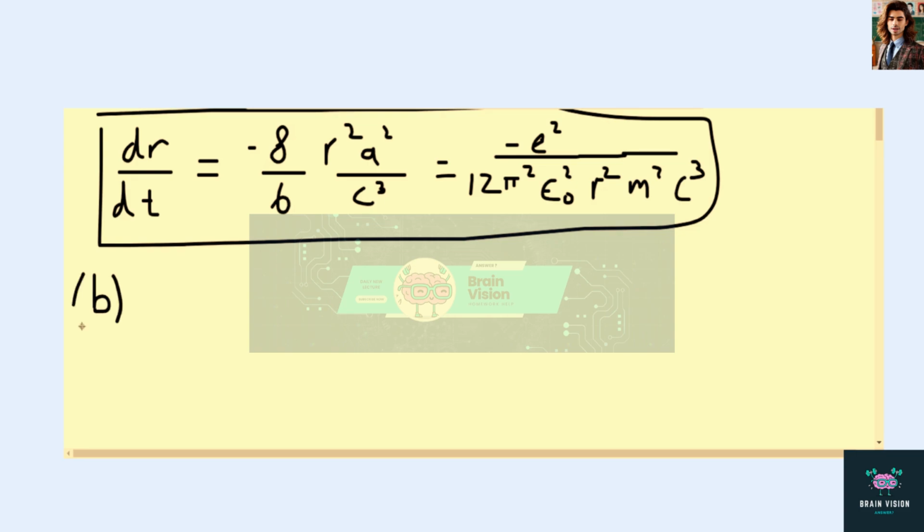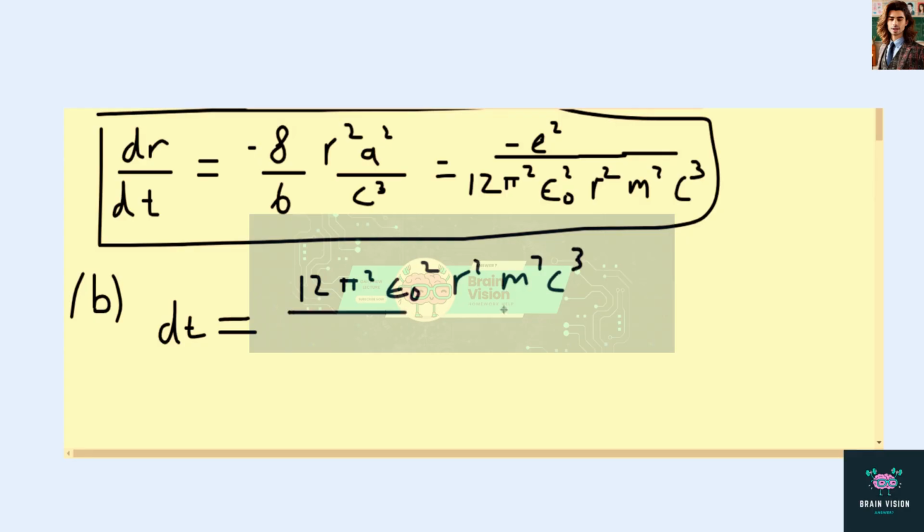So what we have here is dt is equal to 12 times pi squared times epsilon naught squared times r squared times m squared times c to the third, all over negative e squared. Okay, and then this is dr.